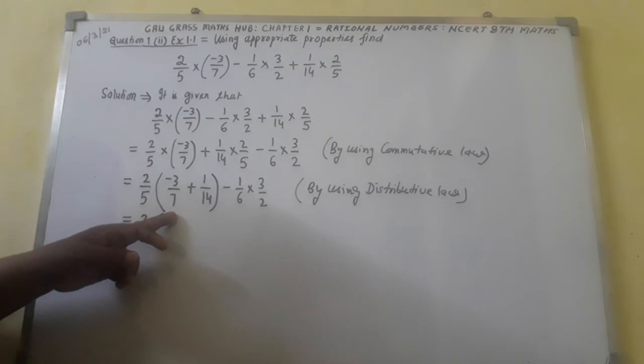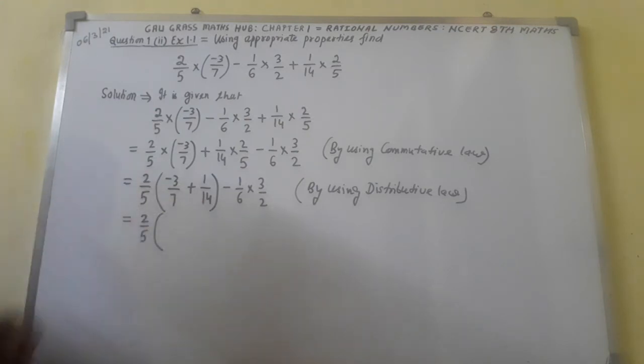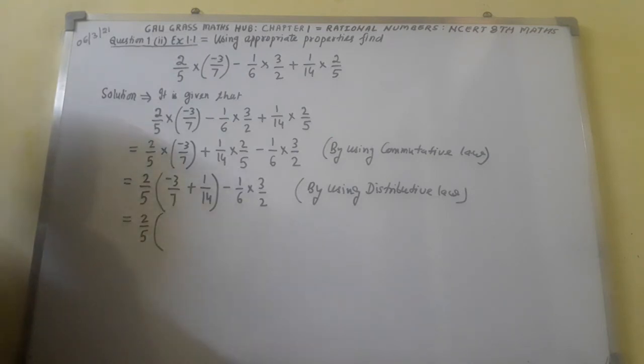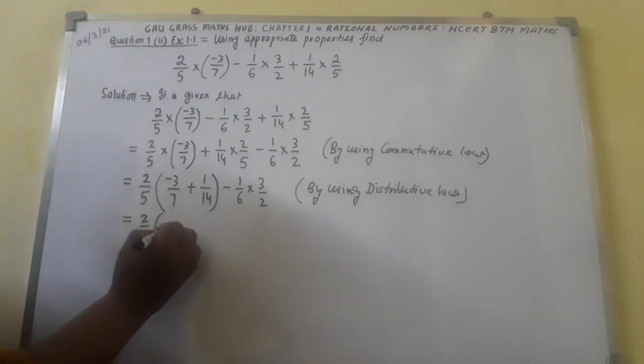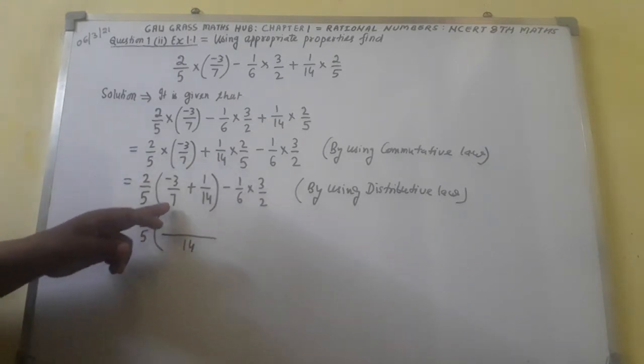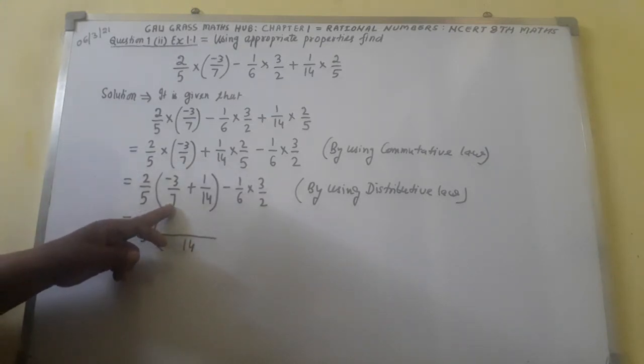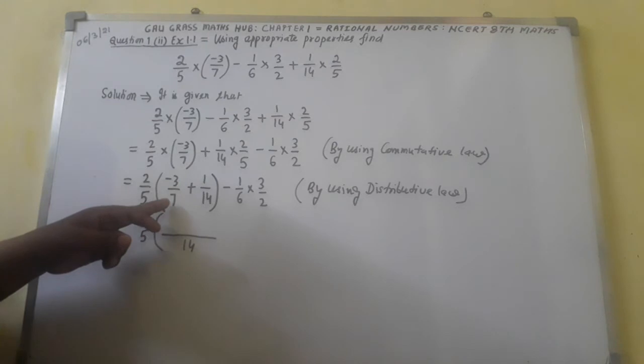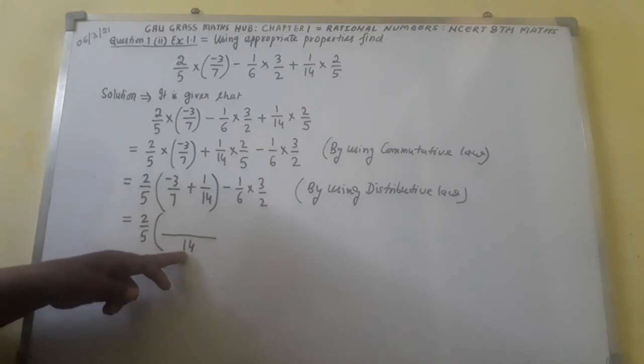Take the LCM of 7 and 14. LCM is least common multiple. So here write 14. Here you can see in the denominator 7 is there. By which digit do you multiply 7 in order to get 14? If you multiply 7 by 2, you can get 14 easily.